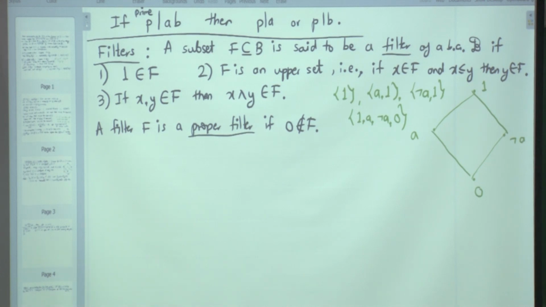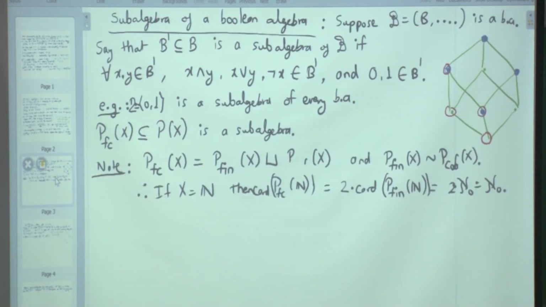Okay, so you can find out filters. I will go back to the previous screen, and can you tell me some filters over here? If I include these two yellow elements, then you should include this point because it's the meet, and you should also include the top element. Now if I include this element, then suddenly it will explode.